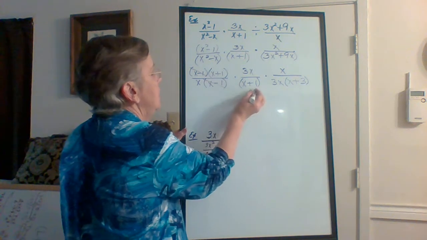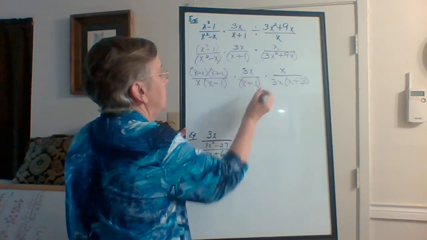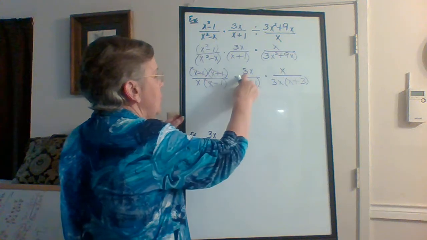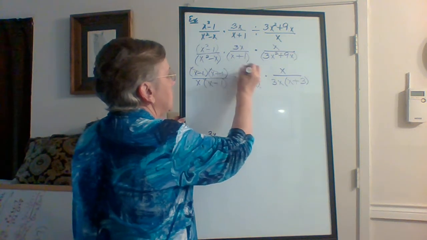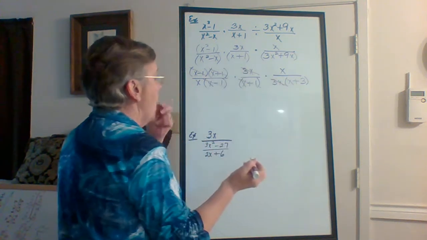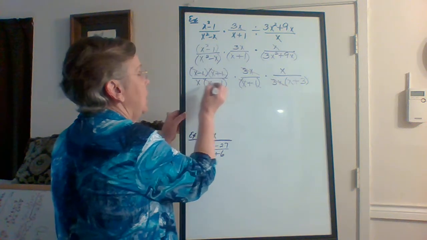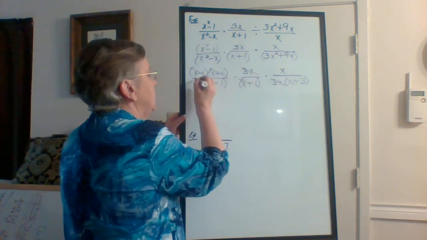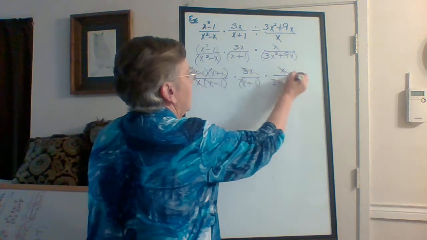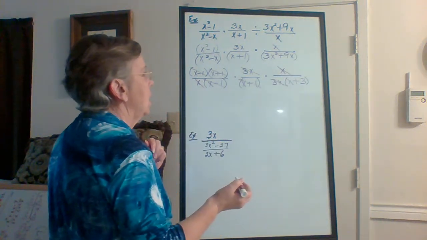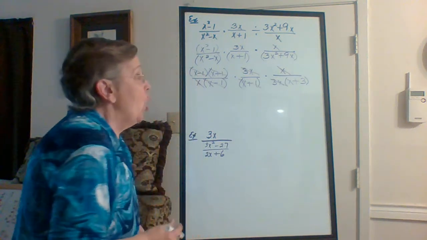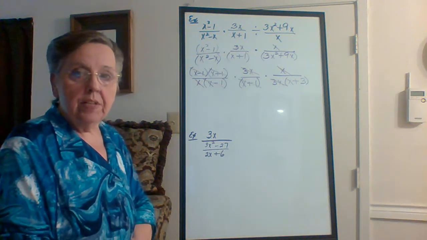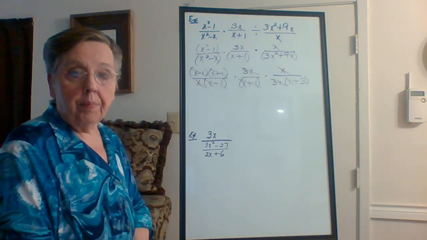X plus 1, there's an x plus 1. 3x, well, there's a 3x. That's easy. X and x. Don't forget this one over here. Okay, I've canceled everything in the numerator.